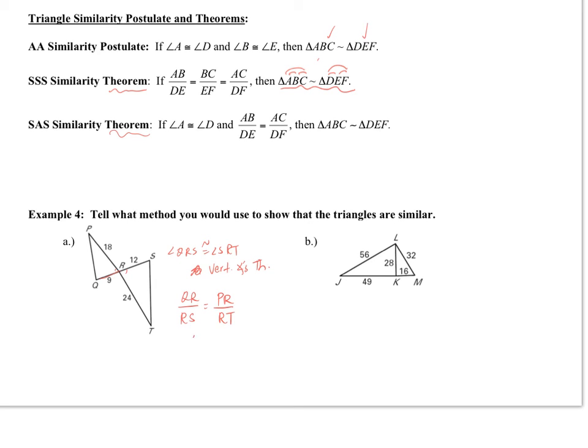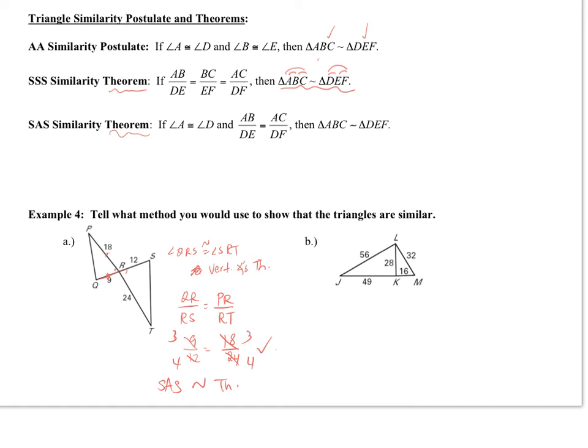So QR would be 9 to 12, 18 to 24. Now double check. 9 divided by 3, and then 6. So their ratios are equal to each other. And we have side, angle, side. Similarity theorem.